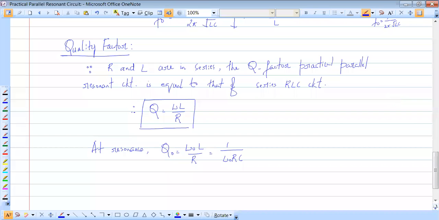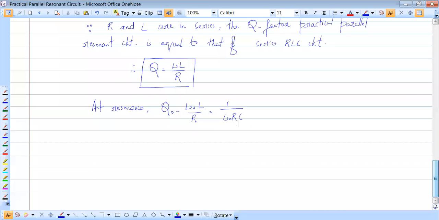Further, suppose we are dealing with something like Q naught square. What is Q naught squared? Q naught squared is Q naught into Q naught. So it is omega L by R; I'll substitute this because both are the same.